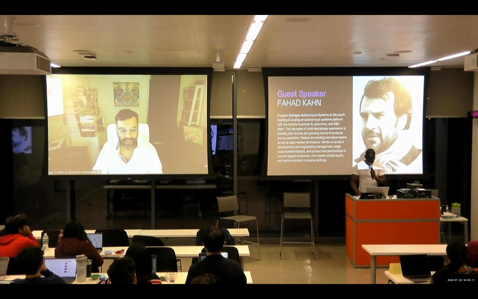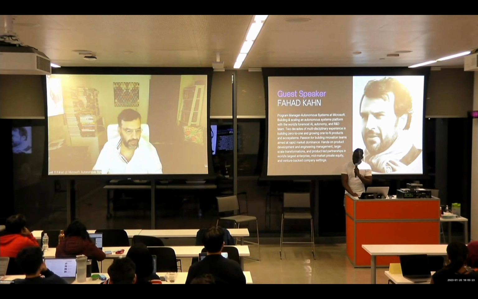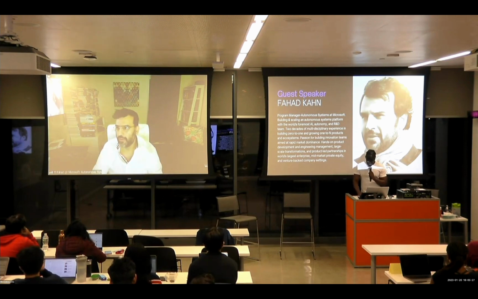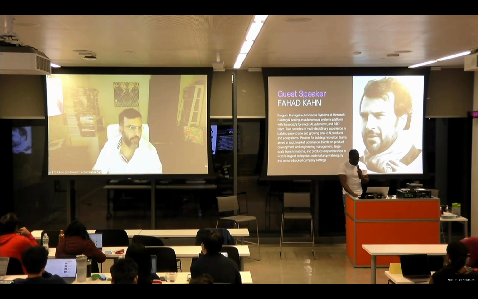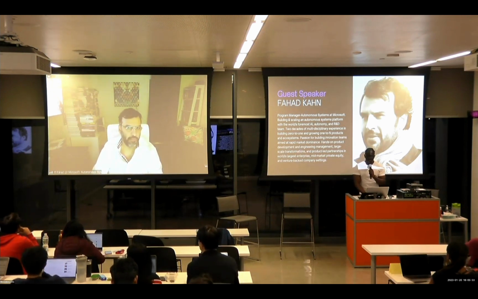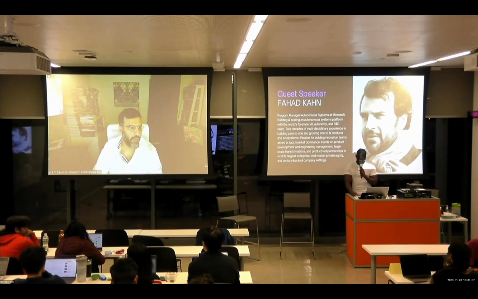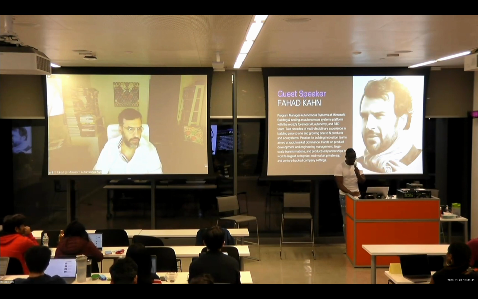He is Program Manager of Autonomous Systems at Microsoft, building and scaling autonomous systems and platforms with world's foremost AI, autonomy, and R&D teams. He has 2 decades of multidisciplinary experience in building 0 to 1 and growing 1 to N production systems. He has a passion for building innovation teams aimed at rapid market dominance.